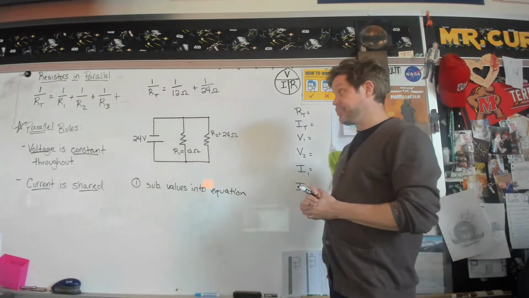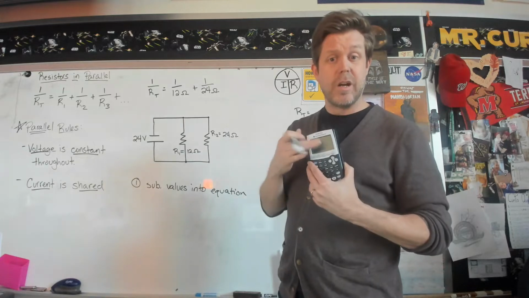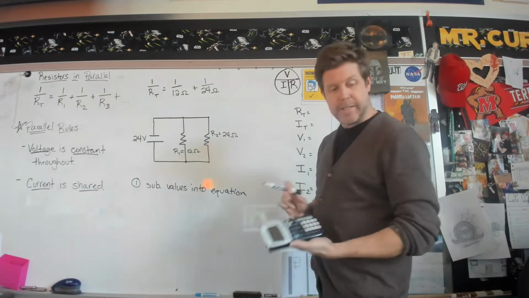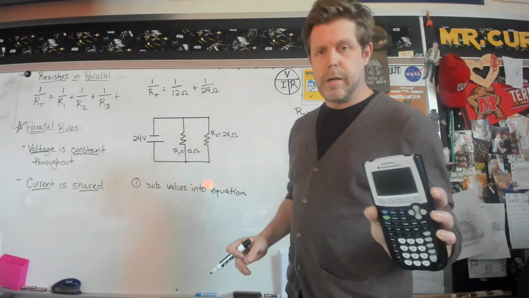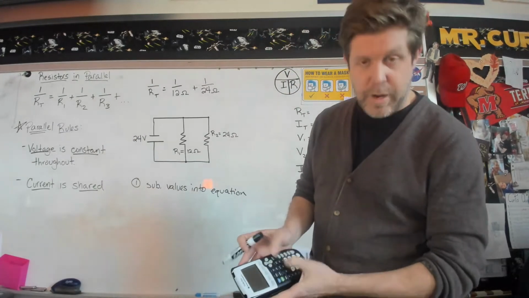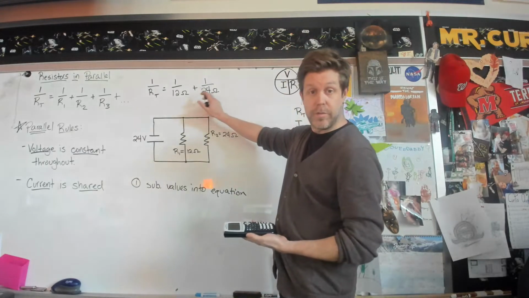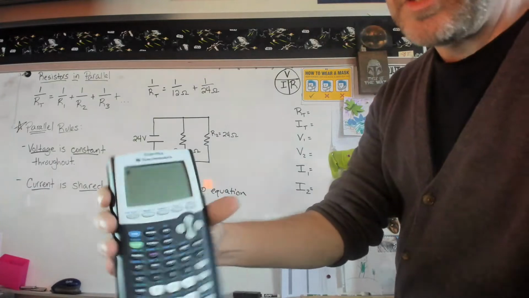But since I know most of you will be using a calculator, I'll just do the example with the calculator. If you've got a TI like this, you can directly enter fractions into here. You don't even have to use the special fractions key. For example, if I wanted to add 1/12 and 1/24th, let me bring this up closer so you can see the screen.